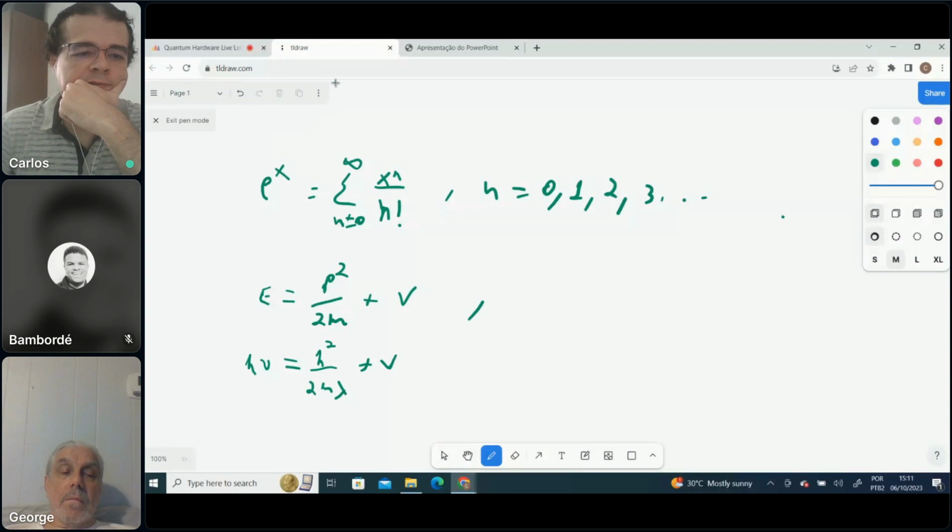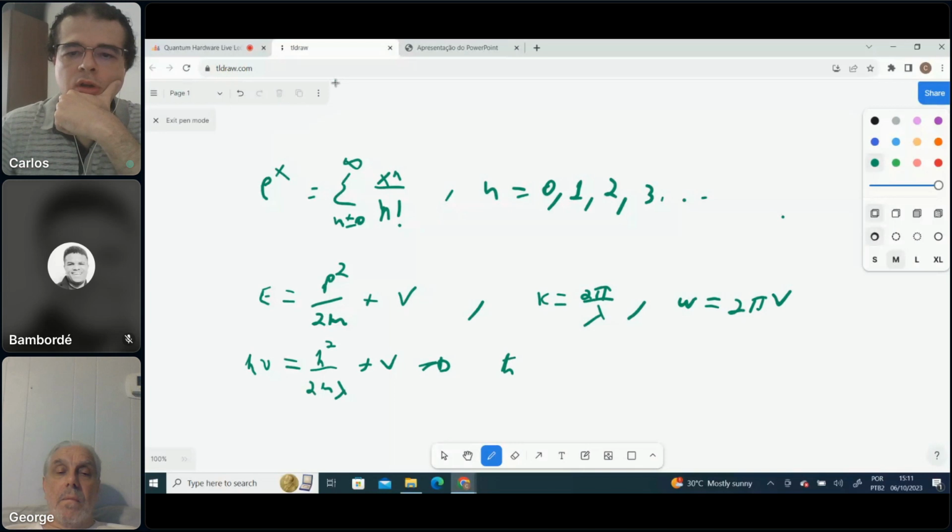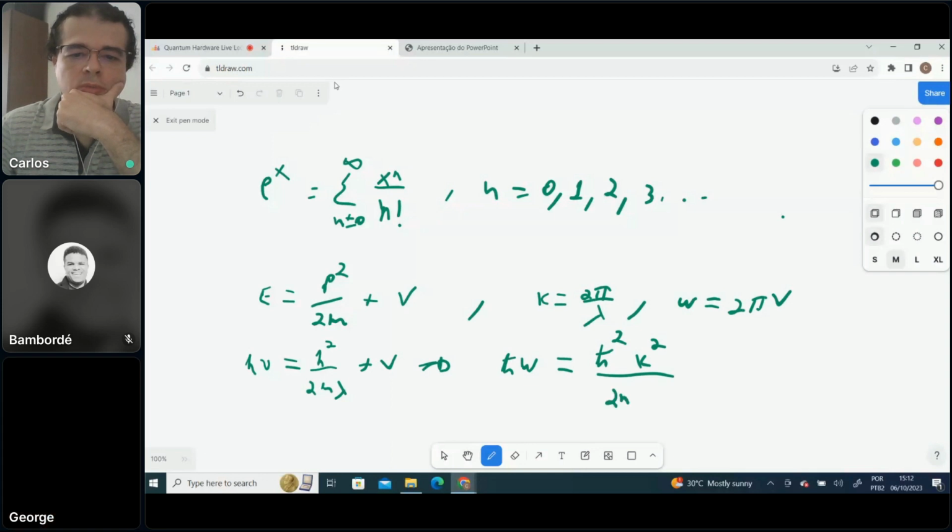And from wave mechanics, we know the angular frequency is 2π times frequency. So if you use these things here, we have E equals h-bar omega and p squared equals h-bar squared k squared.